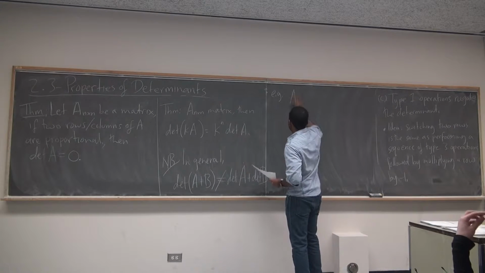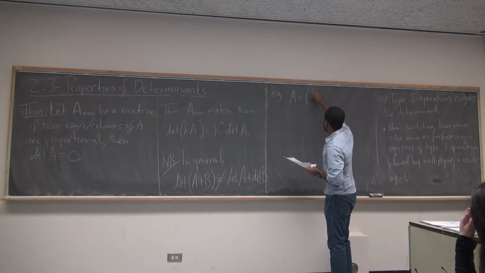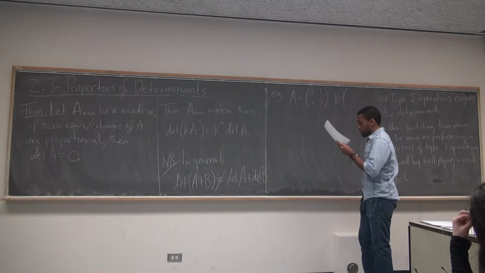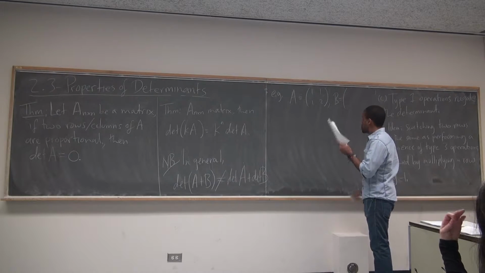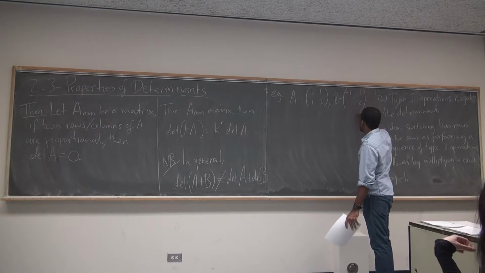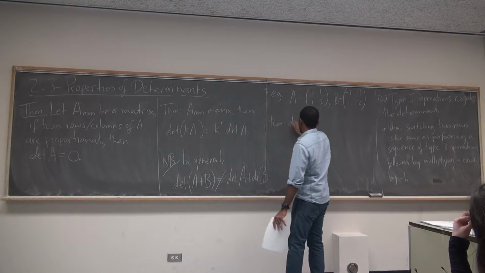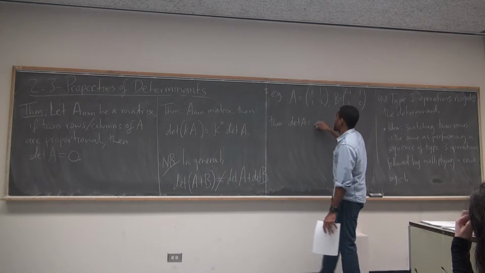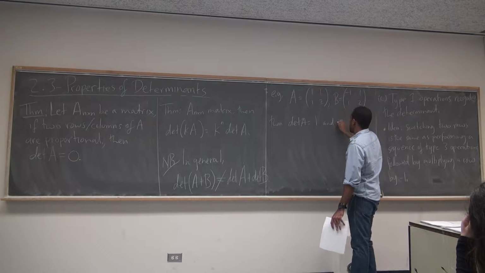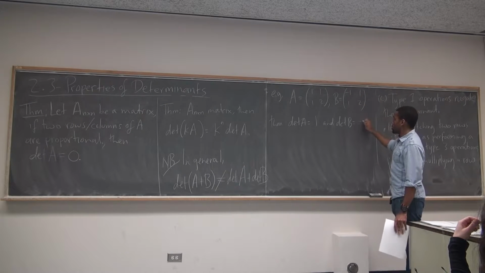Okay, suppose A is the matrix [1, 1; 1, 2]. B is the matrix [-1, 1; 1, 2]. Then, if I find the determinant of A, that's going to be 2 minus 1, which is 1. And if I find the determinant of B, minus 2 minus 1, that's minus 3.